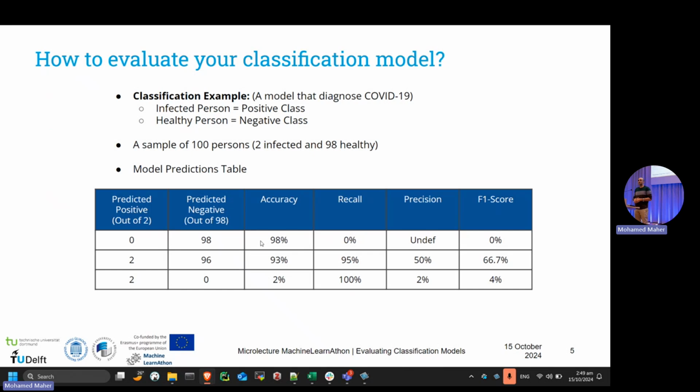If you care about recall, then perhaps you are going to choose the last model. According to the business problem and the model outcome, you are going to have different values for different evaluation metrics, and you need to assess the model performance based on the evaluation metrics of interest.